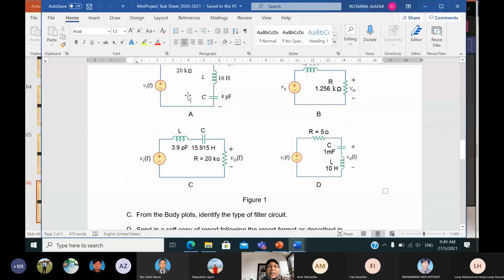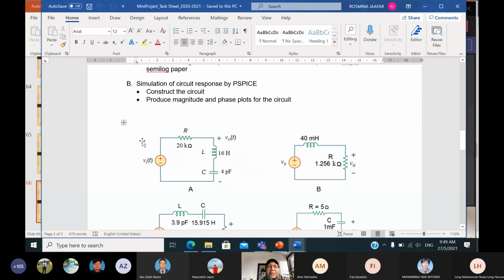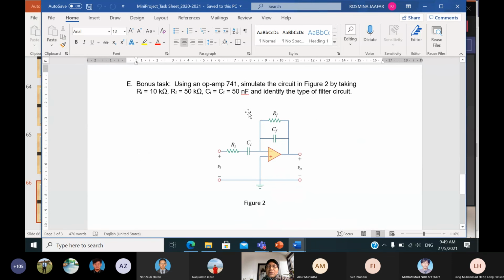The manual and simulation detail will be from your main task. So this one is only a short simulation. Okay. Any other question?